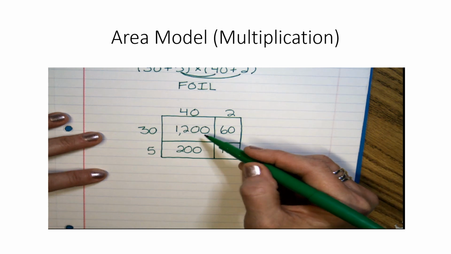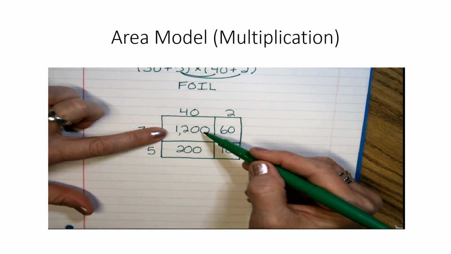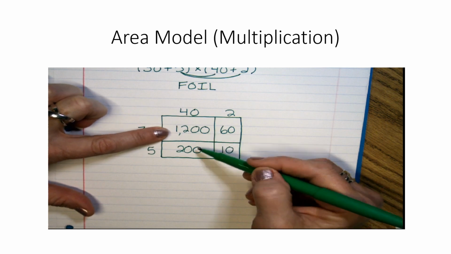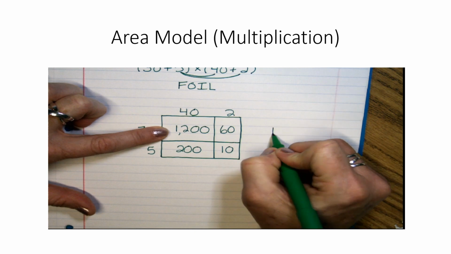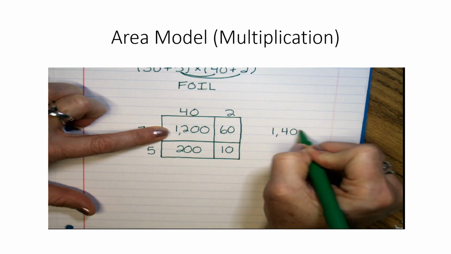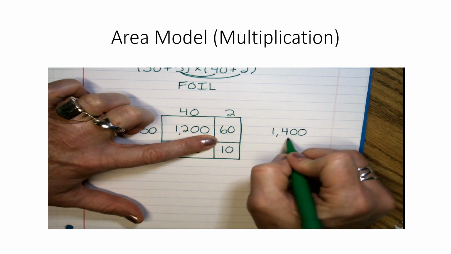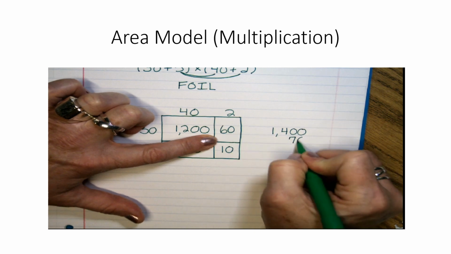Students sometimes like to use mental math to group some of the numbers together. For example, you could mentally combine 1,200 plus 200 and put your 1,400 over here, and then possibly combine your 60 and your 10, that gives us 70.